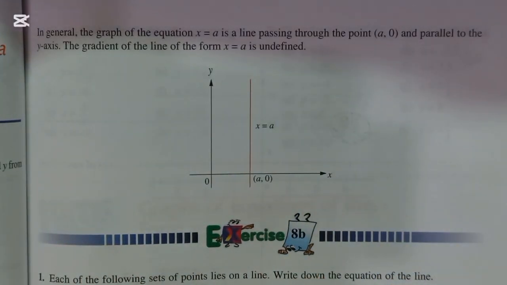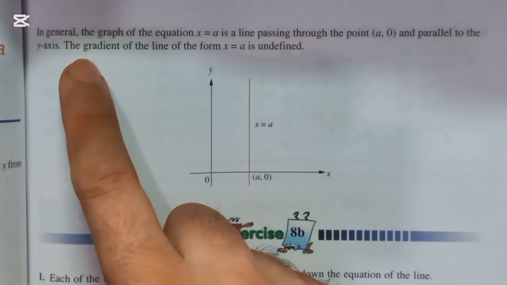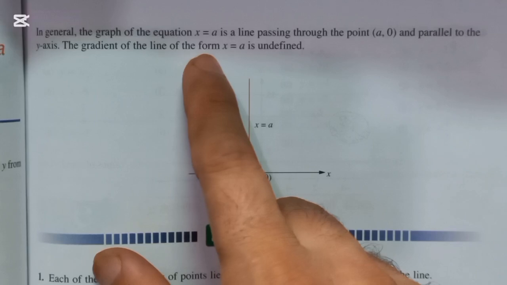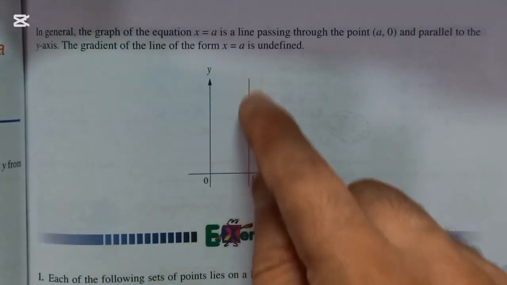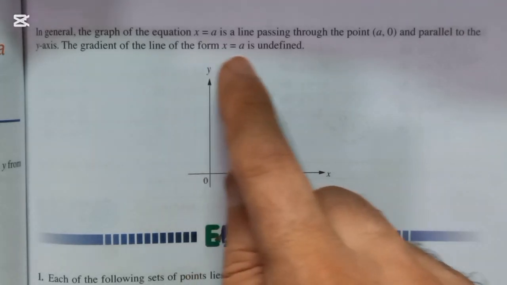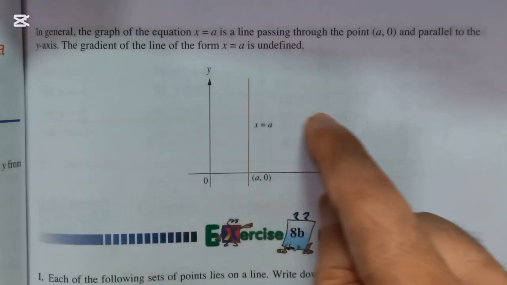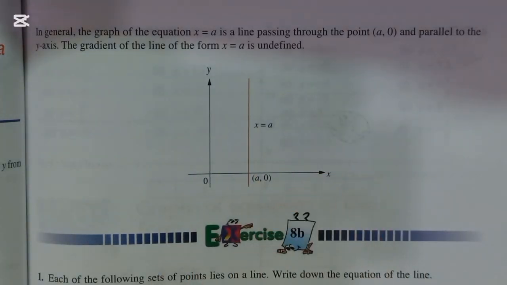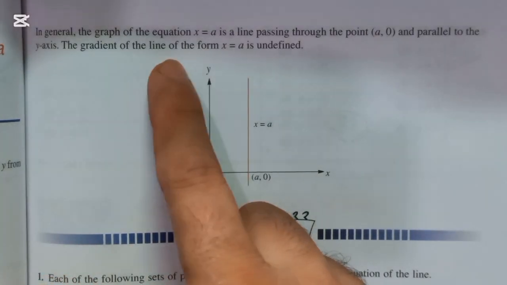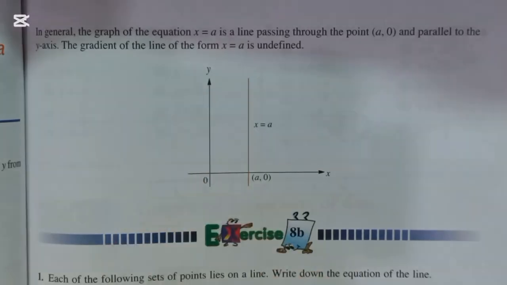You should remember them. The next thing that is very important and normally comes in the paper is the gradient of the line of the form x is equal to a. So whenever the graph is parallel to the y-axis, the gradient will be undefined, and whenever the graph is parallel to the x-axis, the gradient will be 0. So remember it. This is a very important point. Questions on this concept normally come in the paper.